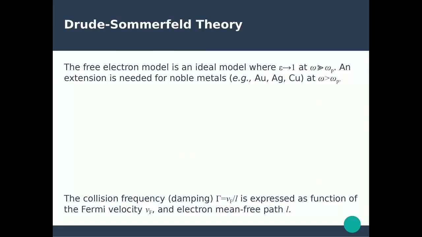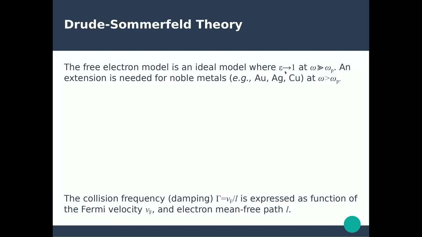However, this is still an ideal model, and when the frequency is very large as compared to the bulk plasma frequency, then the value for epsilon actually tends to 1. So this is something which is not true. That would mean that this is basically just a vacuum.